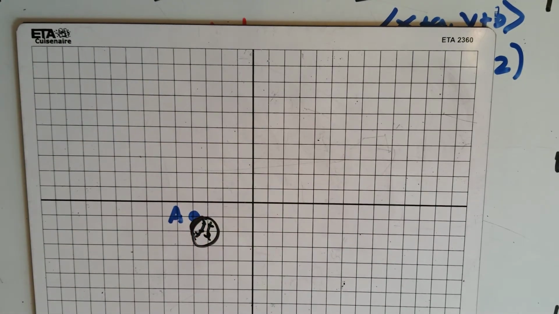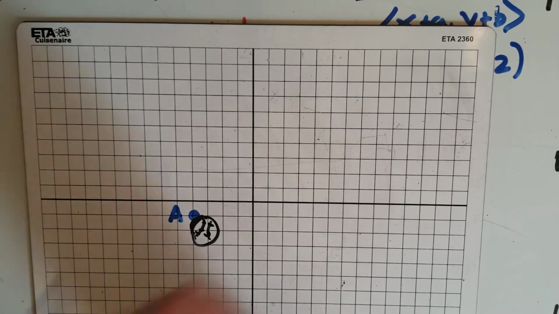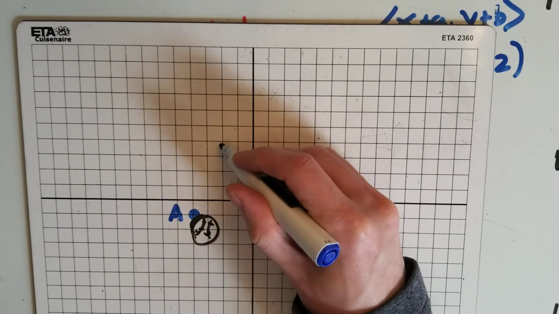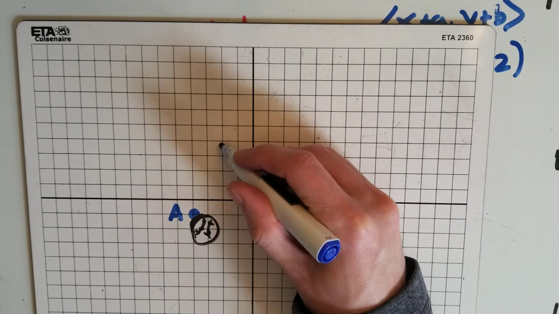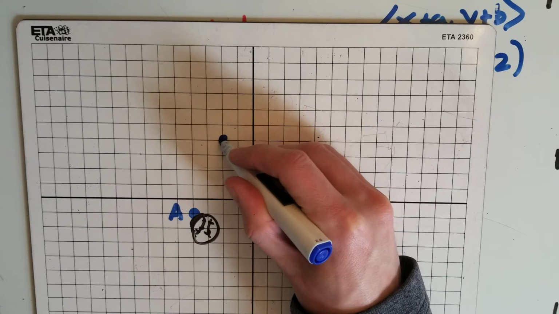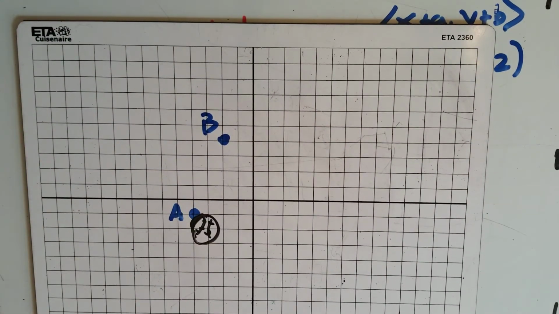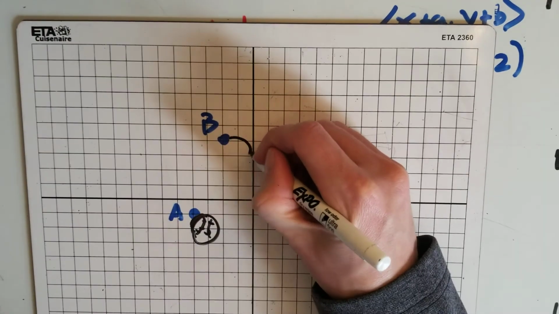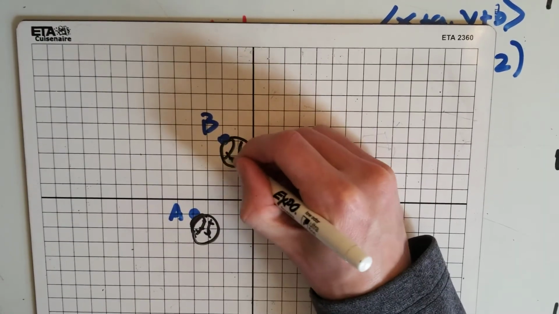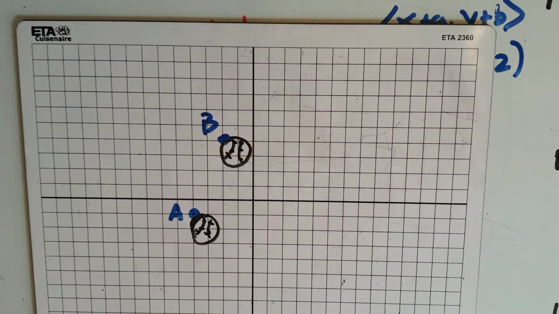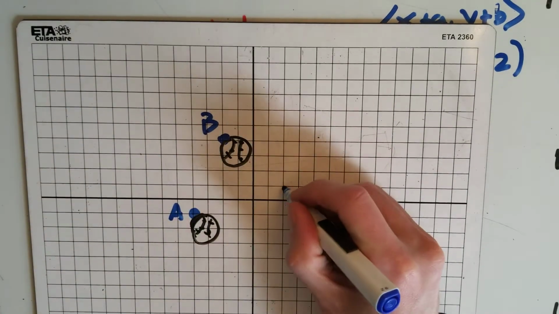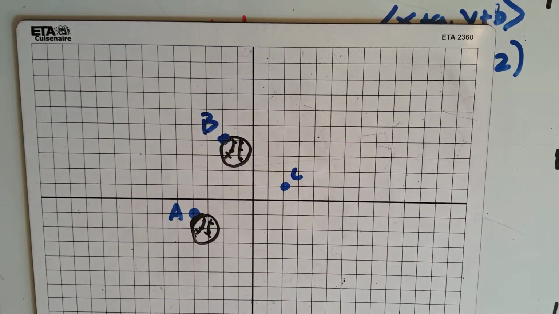Then we have point B, which is at negative 2, and up 1, 2, 3, 4. Right there is point B, with the ball up here now. And then C was right here. So this is what we're given for this last one.